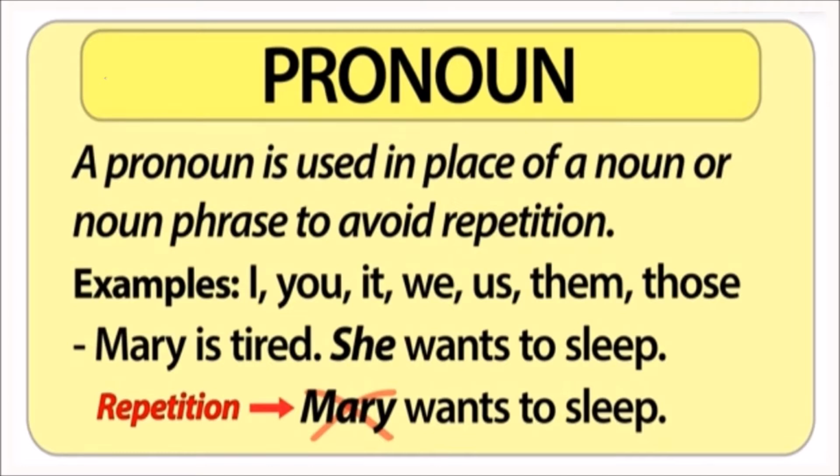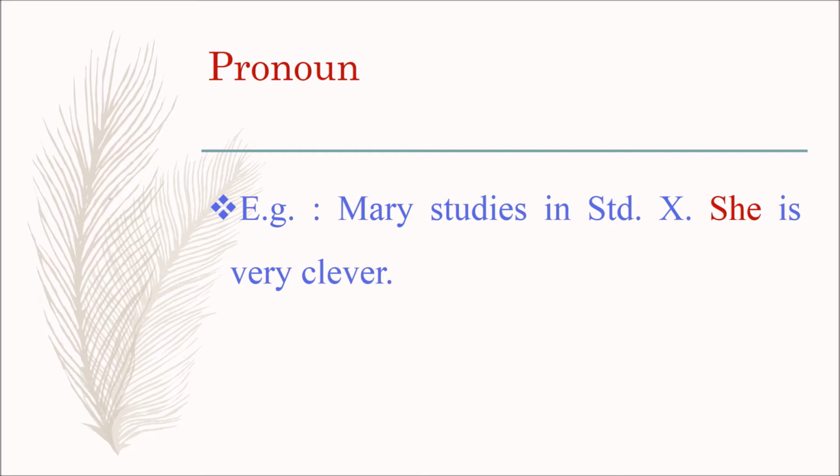She wants to sleep. For example, Mary studies in standard 10th. She is very clever. Here, she is the word used instead of the noun Mary, and it is a pronoun.